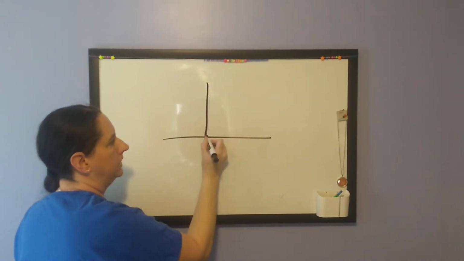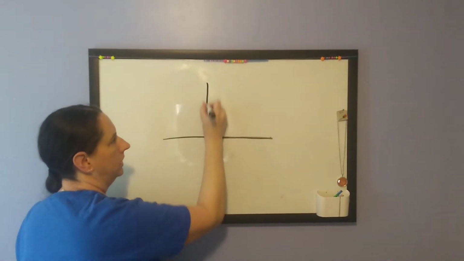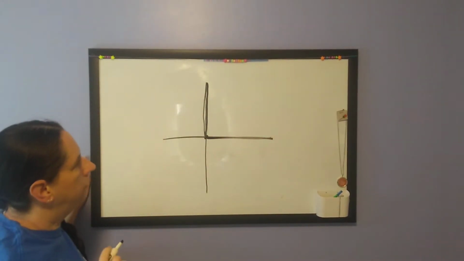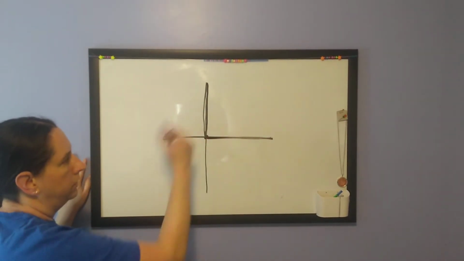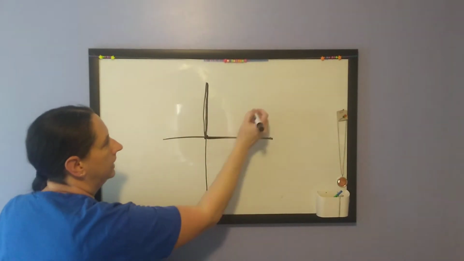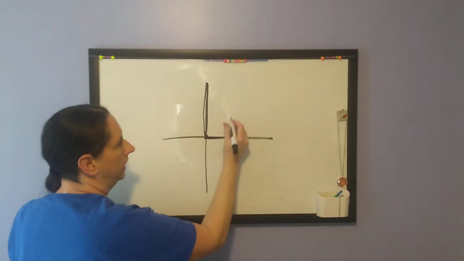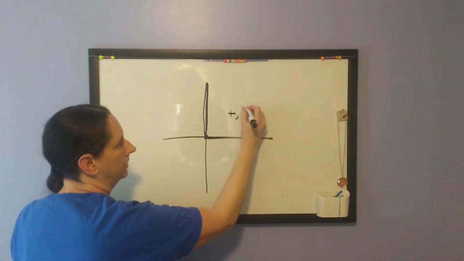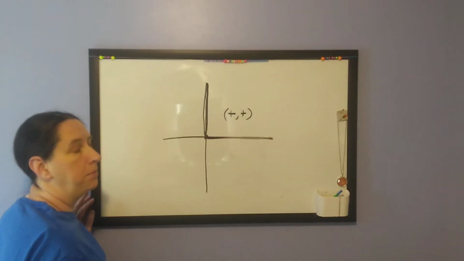We have only been dealing with this part of the coordinate grid. Okay, there are really 4 quadrants. We only deal with this one because in this one, I would go to the right, which means it's a positive number, and I would go up, which also means it's a positive number.